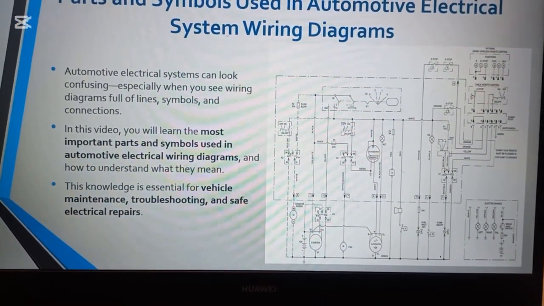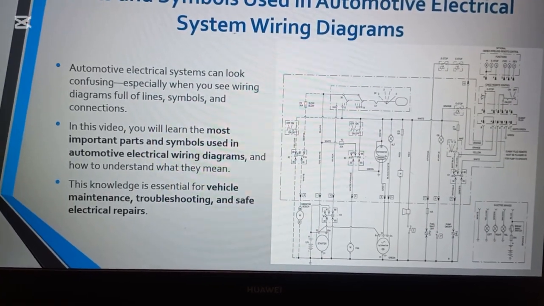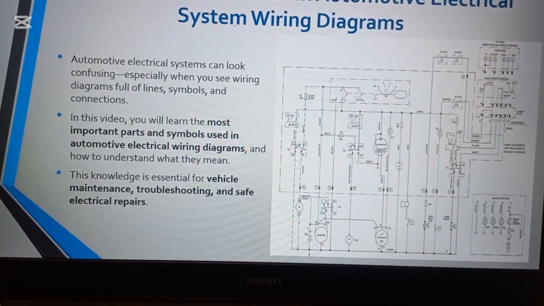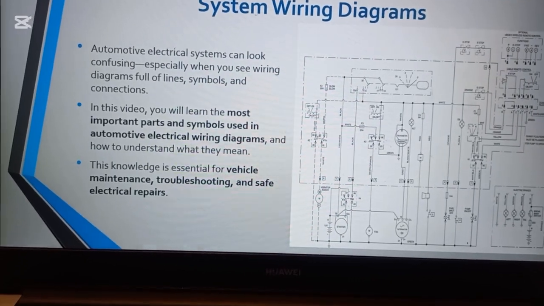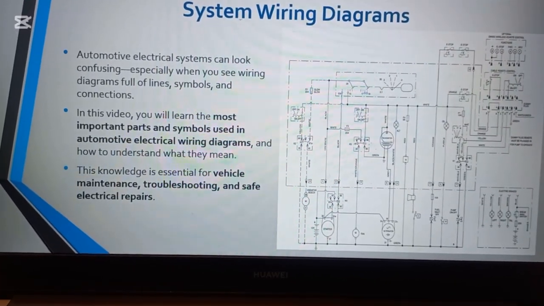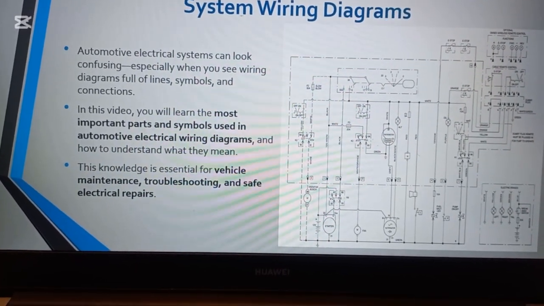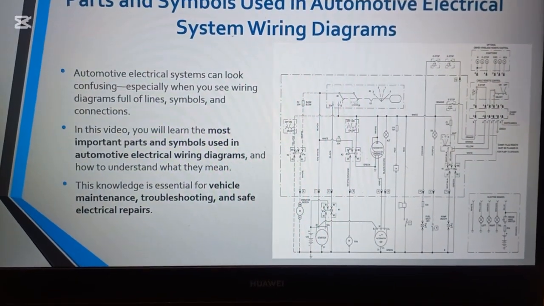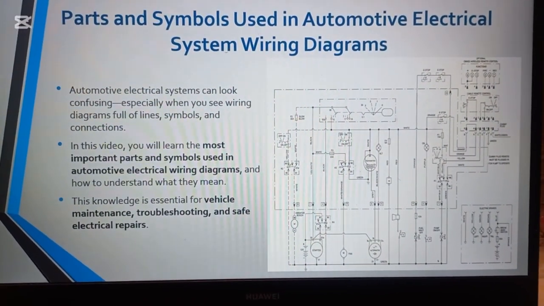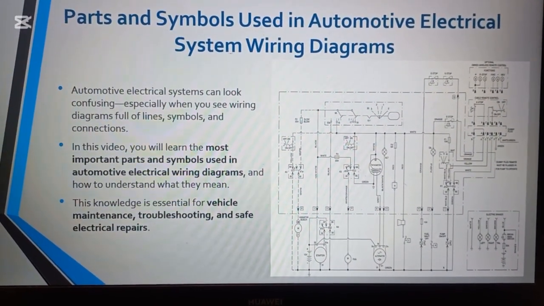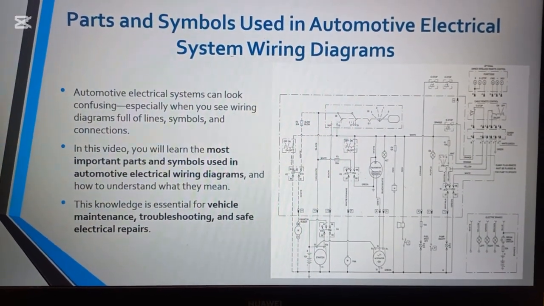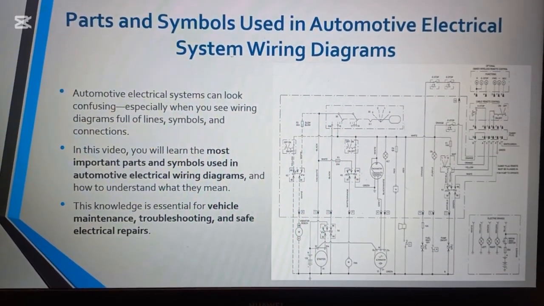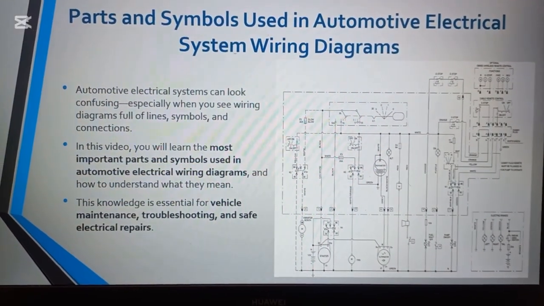In this video, you will learn the most important parts and symbols used in automotive electrical wiring diagrams and how to understand what they mean. This knowledge is essential for vehicle maintenance, troubleshooting, and safe electrical repairs.